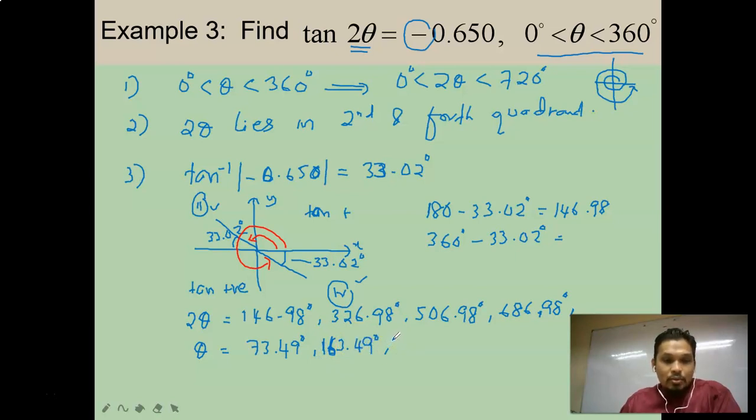And next is 253.49, and another one here is 343.49 degree.